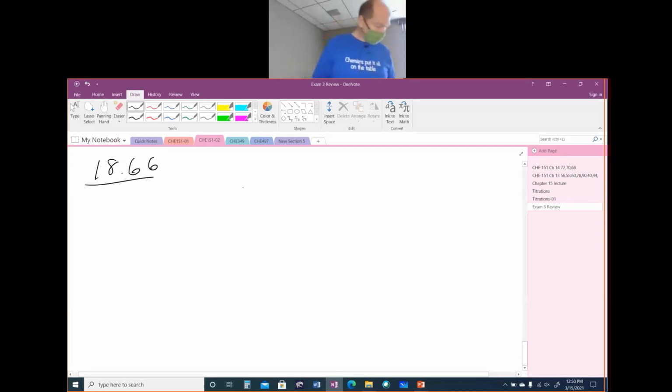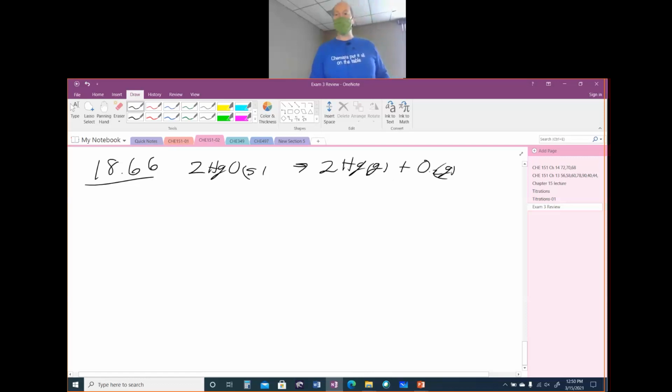And the reaction is 2 HgO solid goes to 2 Hg gas and O2 gas. All right, so we see that we have no gases, a solid, going to three gases, so we know that we're going to more disorder. So we know for sure that when we calculate our delta S, it will be positive.